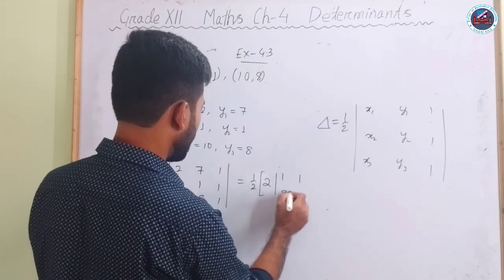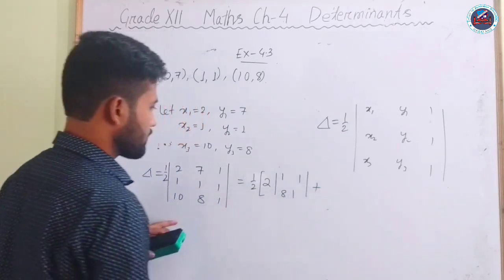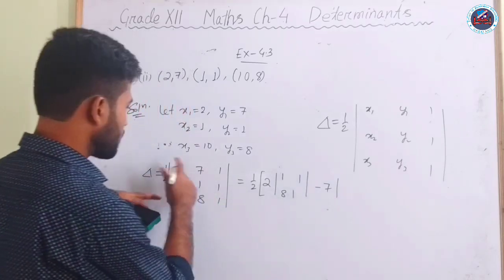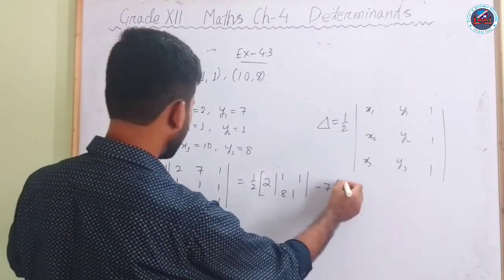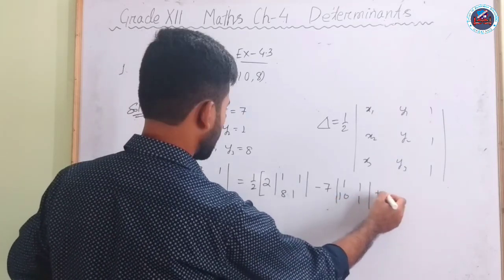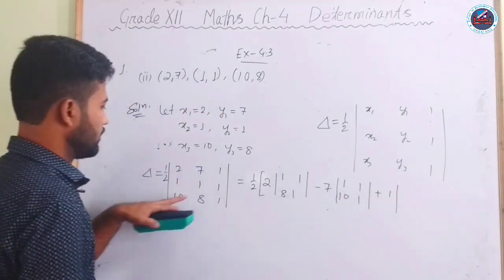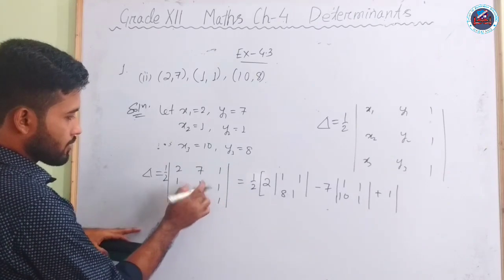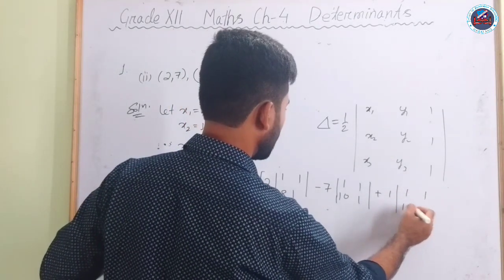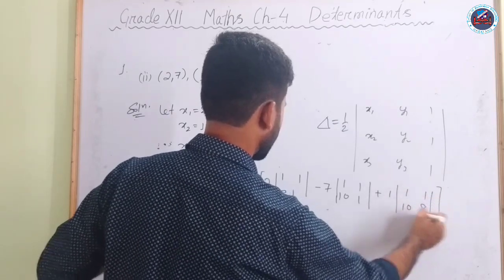1, 1, 8, 1 minus here. So 7 into, exclude this row and this column, so we shall be remaining with 1, 1, 10 and 1, plus 1 into, exclude this and this, so we shall be remaining with 1, 1, 10, then 8.